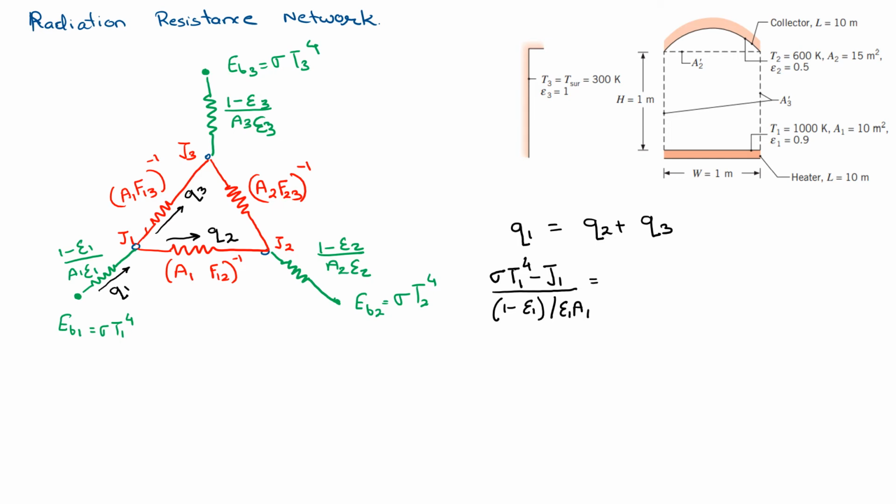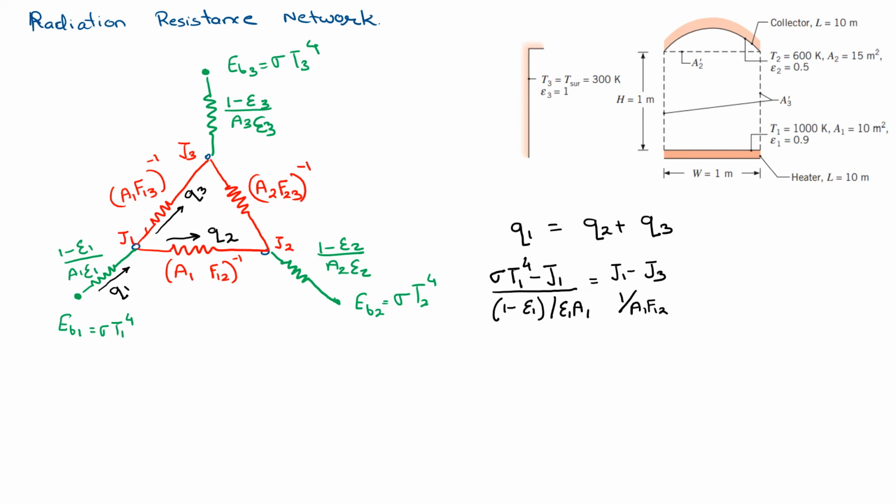Now this will be equal to Q2. The resistance between these two points will be J1 minus J3, our potential, divided by 1 over A1 F12.